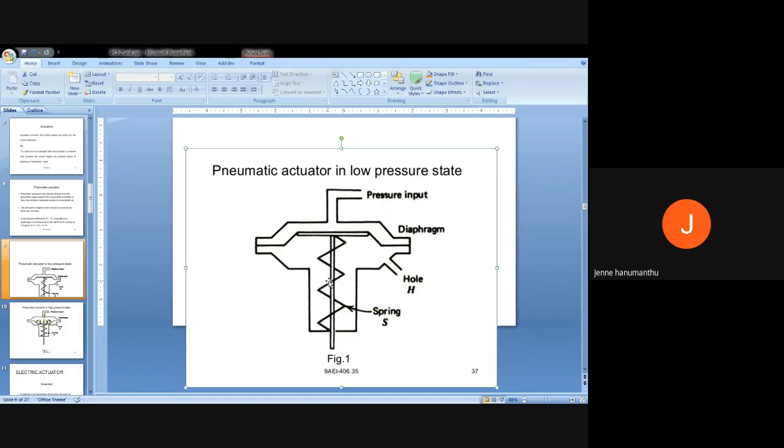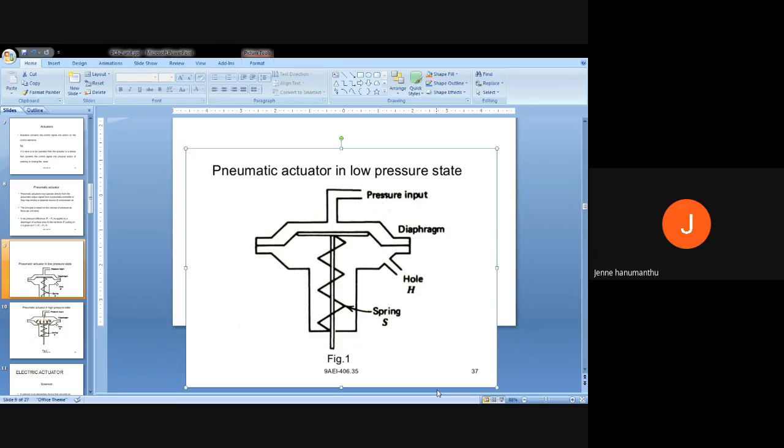Some spring is provided, and the spring provides some damping for the movement. So the diaphragm may move up or down, and it may be connected to another section, which experiences the needed mechanism through the diaphragm.